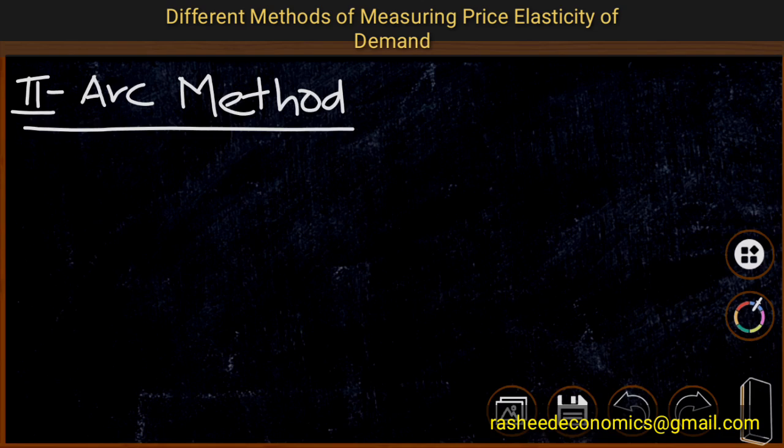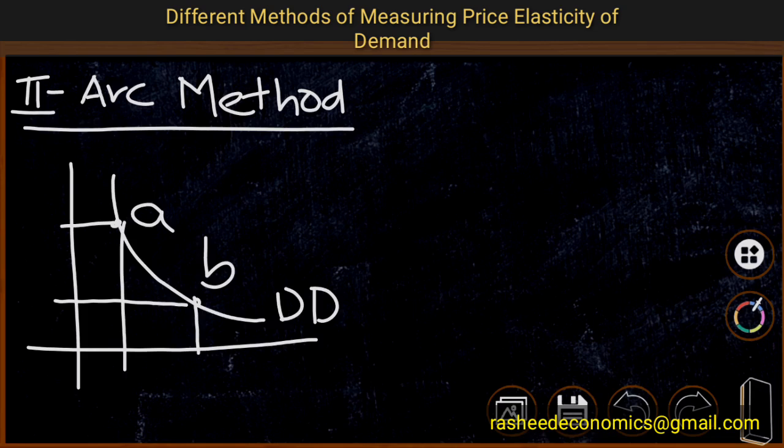In order to avoid this situation and to calculate the elasticity of demand between two points of a single demand curve, like the points between A and B, we can depend on the arc method.